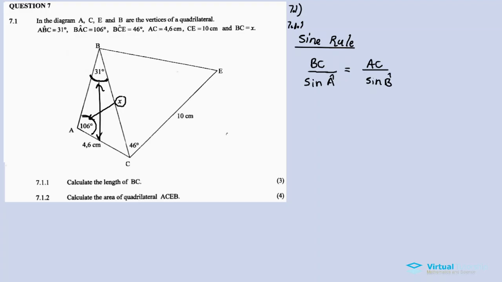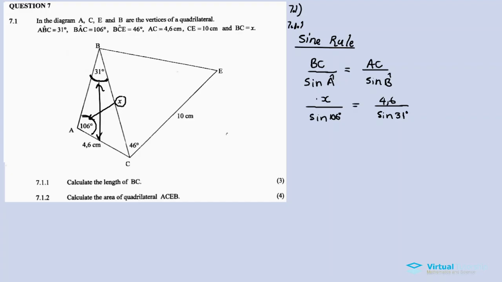Now we substitute: x over sine 106 is equal to 4.6 over sine 31, where AC is this side, 4.6, divided by the sine of its opposite angle.